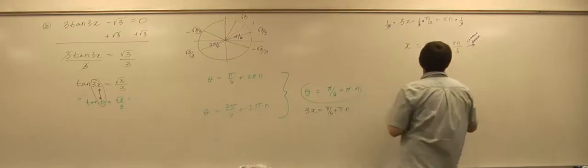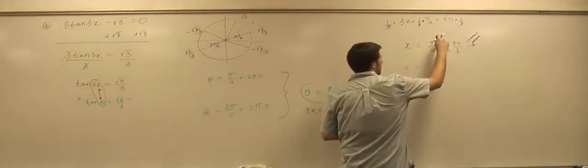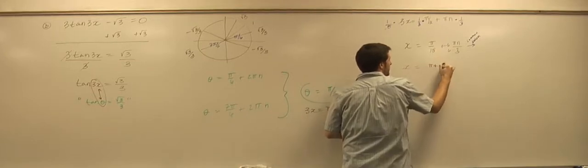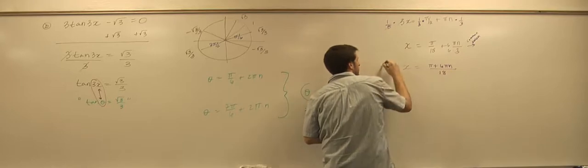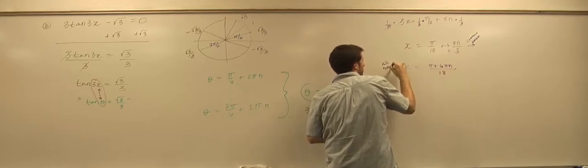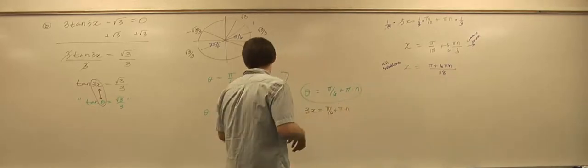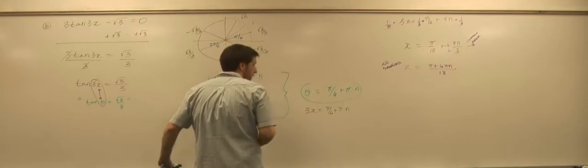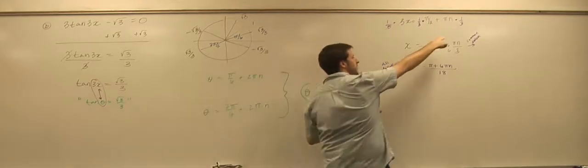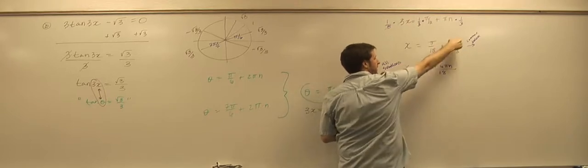So when I get a common denominator, I know that x has to equal pi plus 6 pi n over 18. Here's all solutions. Because this becomes 6 pi n, this becomes 18. So pi plus 6 pi n.